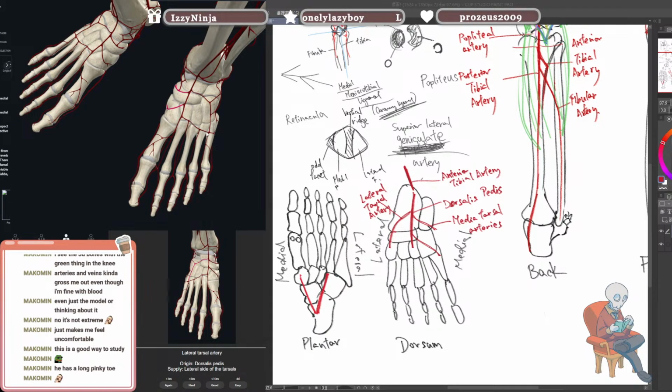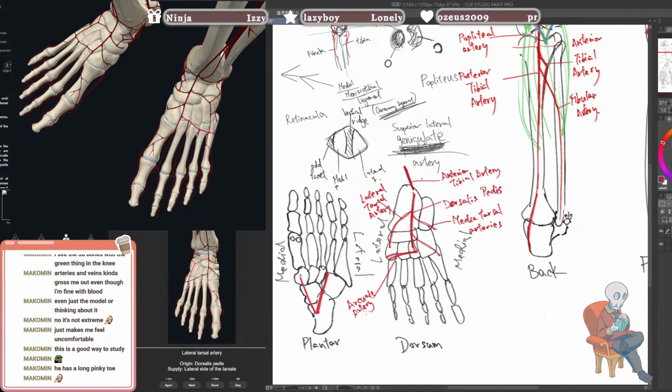And there's also one more, the arcuate artery. I'm not sure if the professor mentioned this one. Should I remember this? No, better safe than sorry. There's a horizontal one called the arcuate artery.